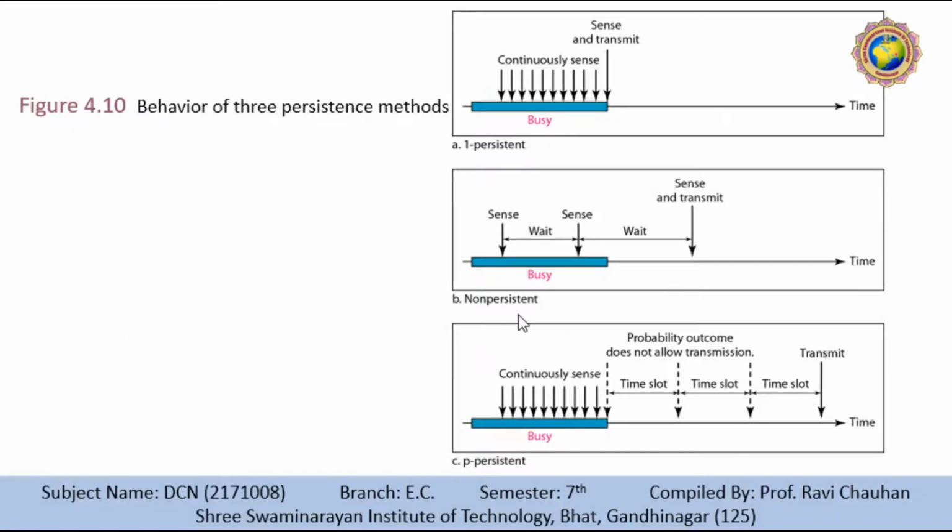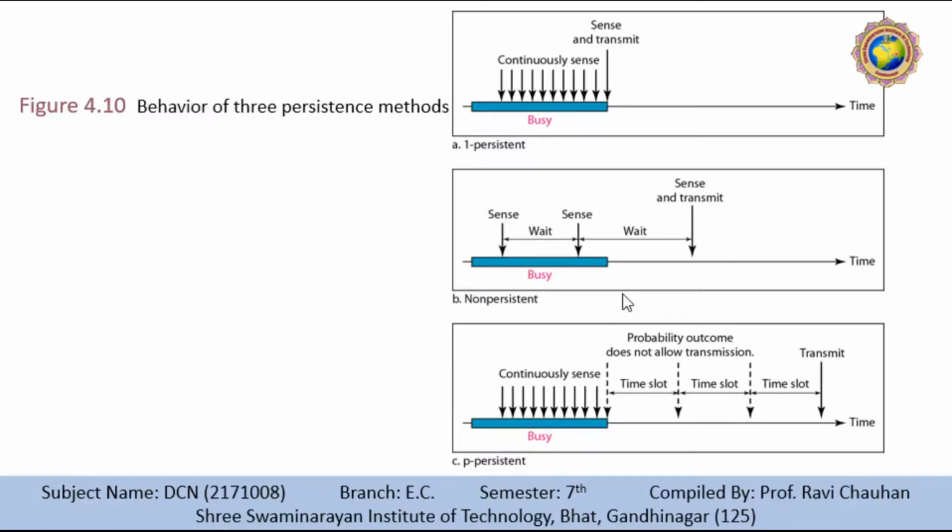Second, the non-persistent method. In this method, a station that has a frame to send senses the line. If the line is idle, it sends immediately. If the line is not idle, it waits a random amount of time and then senses the line again.